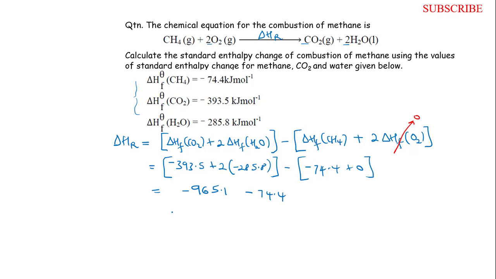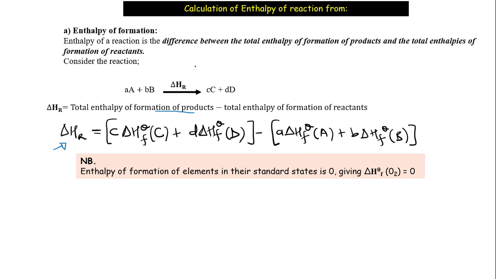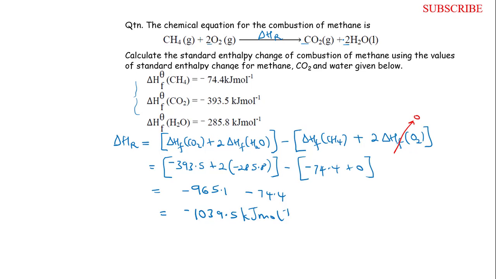We shall get negative 1399.5 kilojoules per mole. Remember, we are still following the same thing: enthalpy of formation of products minus enthalpy of formation of our reactants. So we get the ones for the products minus the ones for the reactants.